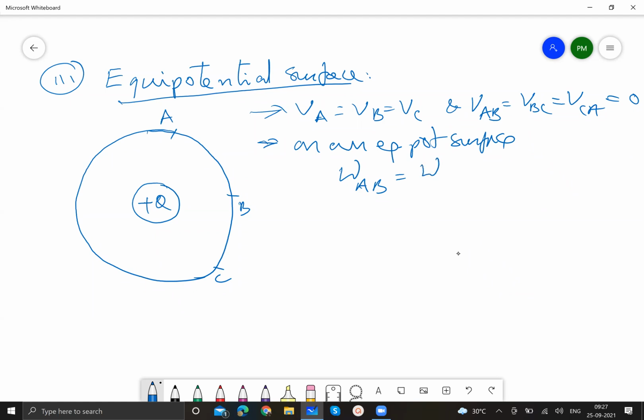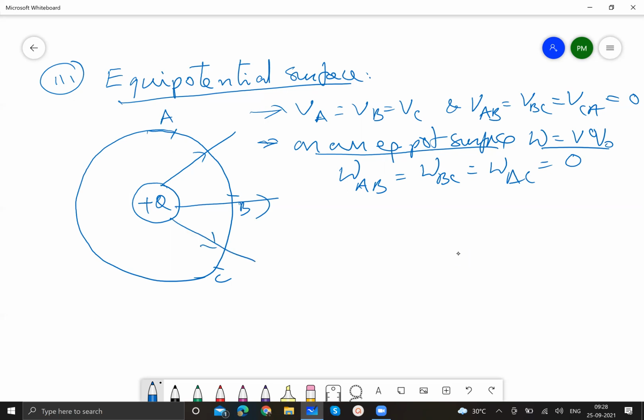WAB will be equal to WBC will be equal to WAC will be equal to 0, because the potentials are equal and work done is nothing but V into Q naught. So because potentials are equal, potential difference will be 0, hence no need to do any work. So second thing, the electric field will be always crossing this equipotential surface normally.